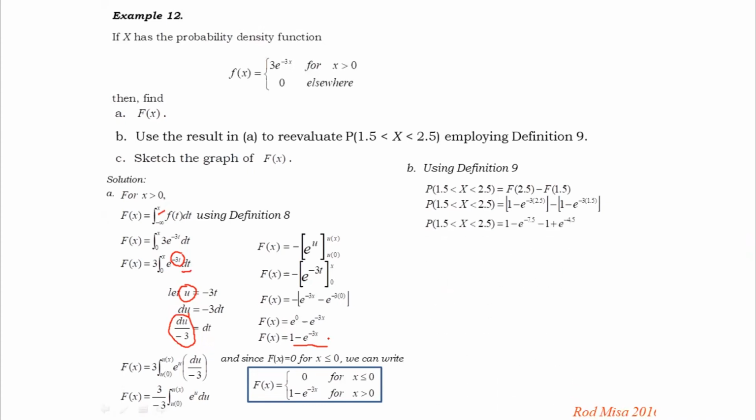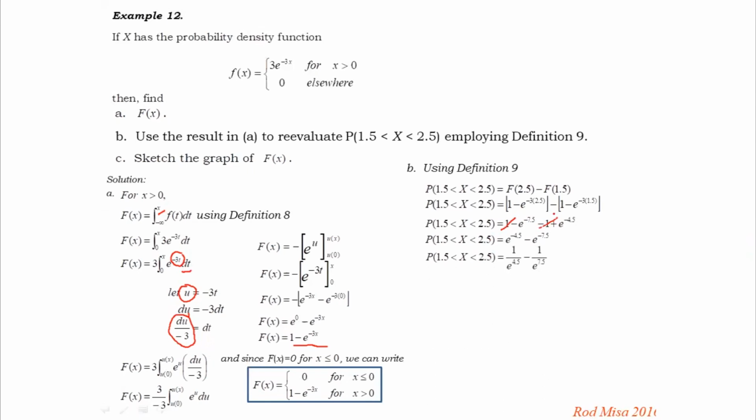So multiplying these numbers, we have 1 minus e to the power negative 7.5 minus 1 plus e to the power negative 4.5. You notice that the signs are reversed because of the negative outside the square bracket here. So writing the first positive term, we have e to the power negative 4.5 minus e to the power negative 7.5, since the 1 and the negative 1 cancel each other.